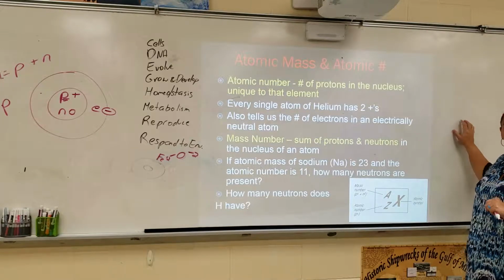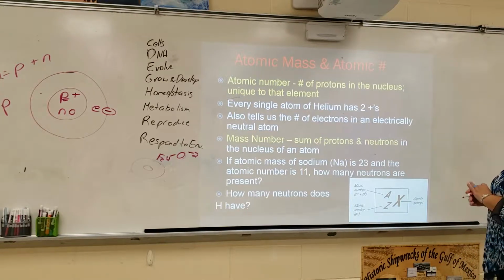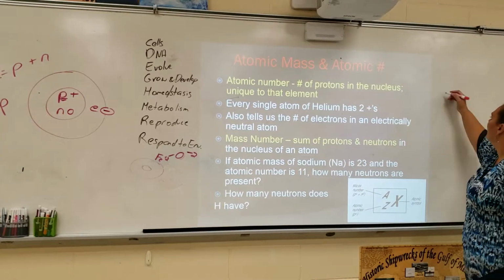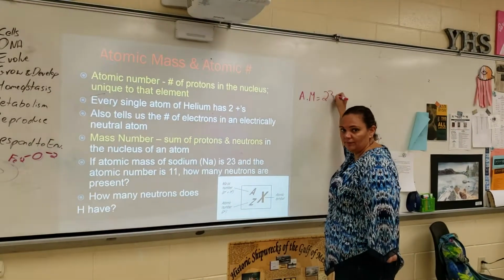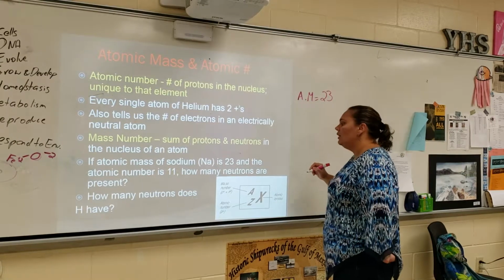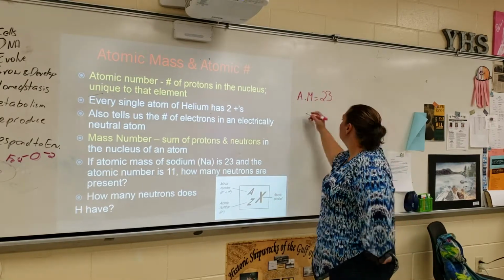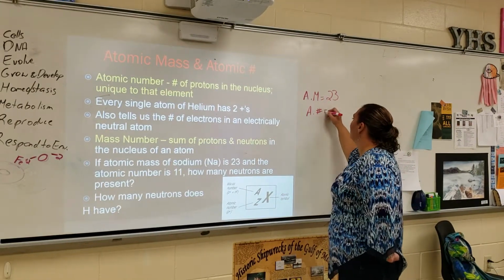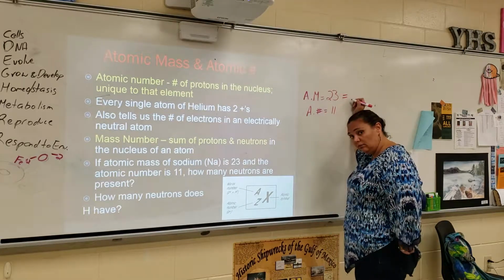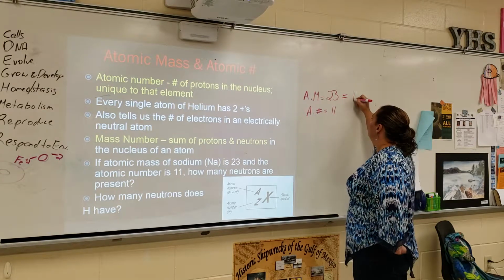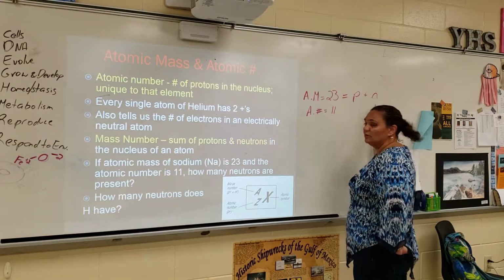So, see here? So for sodium, we've got an atomic mass of 23. Okay? The atomic number is 11. Remember, atomic mass is, what again? Protons plus neutrons.